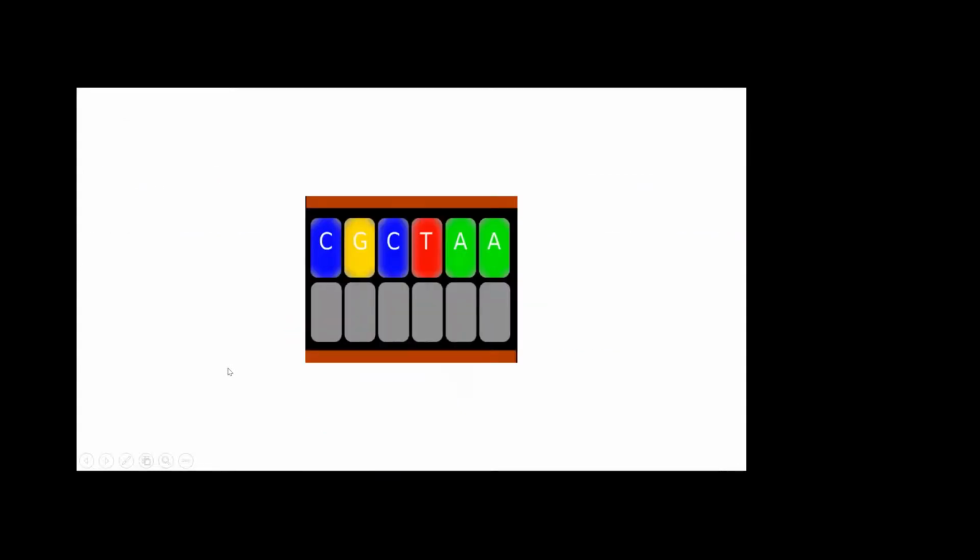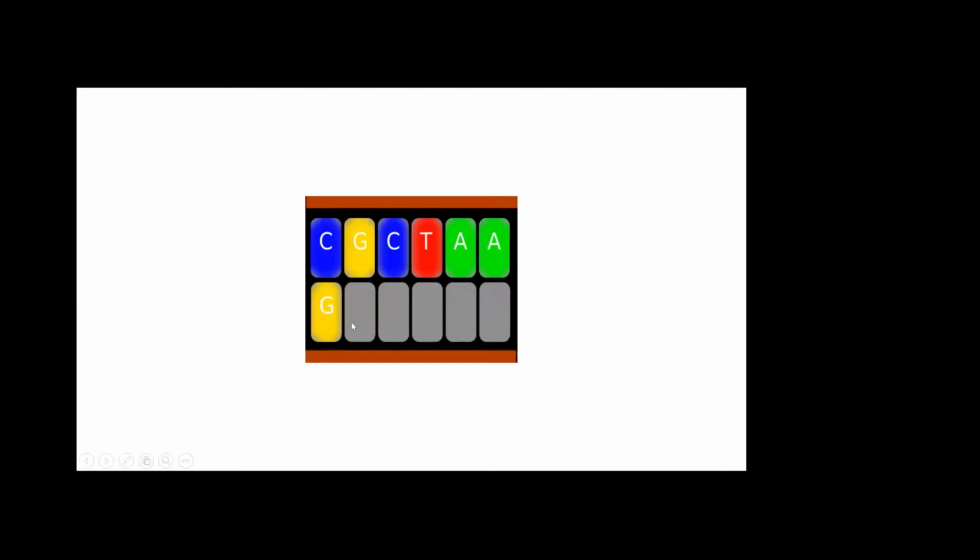So how about we see whether you got it? So we have here a single-stranded DNA, and you are the polymerase. So if you are the polymerase and you're complementing the strand, what base are you going to put here? C. G. And then the next one?